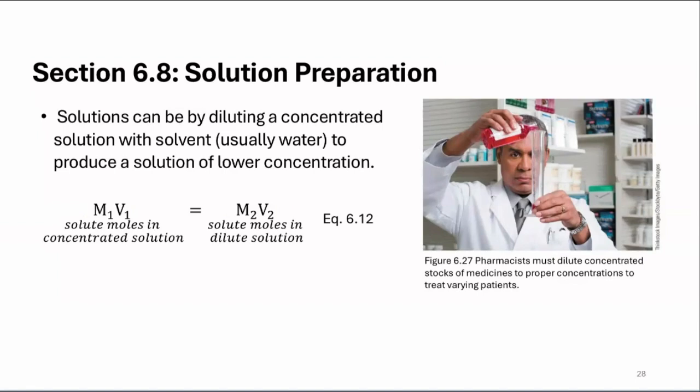Notice that on the left side of the equation, we have the molarity and volume for the concentrated solution. And on the right side of the equation, we have the diluted molarity and volume. Let's actually do a practice problem to understand how to use this equation in order to calculate what it needs to be used in order to create a diluted solution.